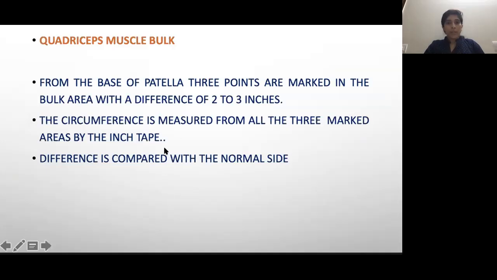So for the quadriceps muscle bulk measurement, from the base of the patella, 3 points are marked in the bulk area with a difference of 2 to 3 inches. With the help of an inch tape, we'll take the measurement, and the circumference is measured at all 3 marked areas, and the differences are compared with the other side.